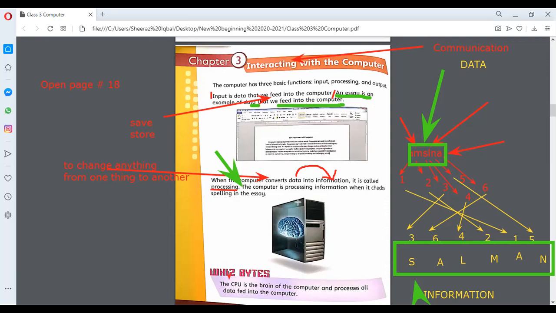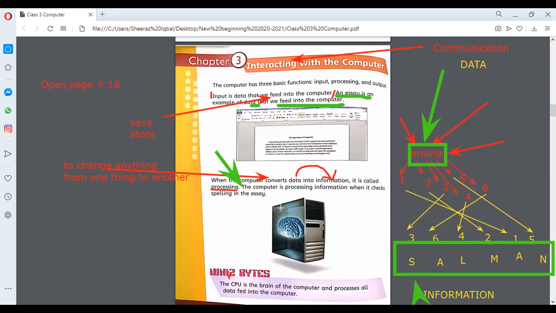When you are playing a game, the computer is doing processing. When you copy something, the computer is doing processing. When you delete something, the computer is doing processing. When you watch a movie or a cartoon, use Facebook, or watch YouTube, whatever you are doing on the computer is processing.